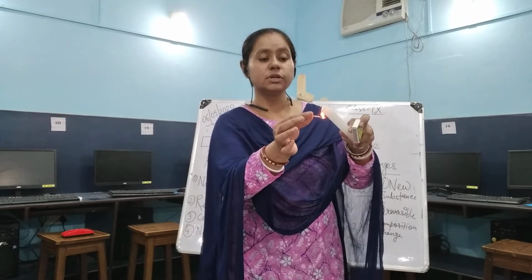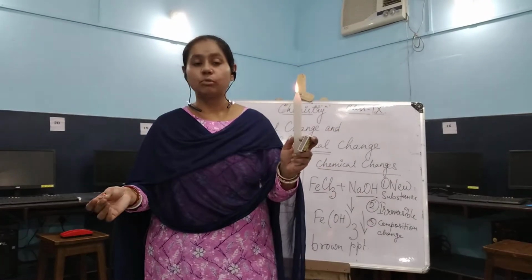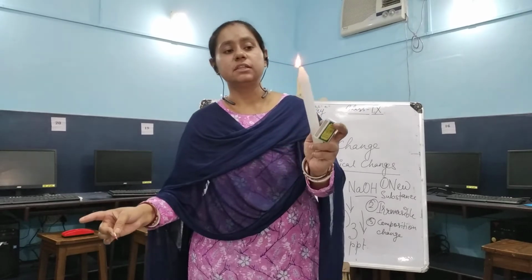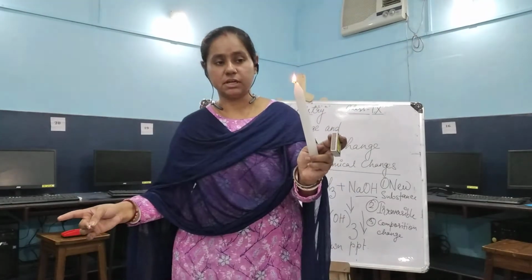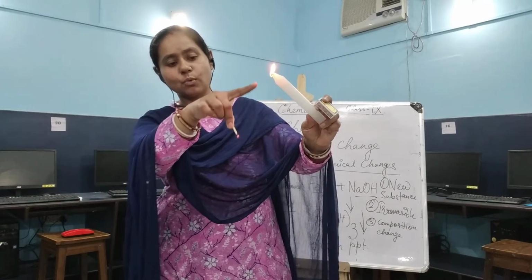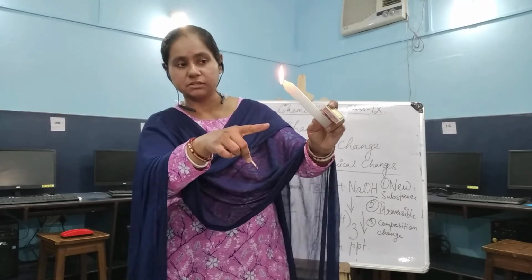I'll show it to you. I have already lighted this candle, and you see the candle is burning. The moment the candle starts burning, you will find the wax will also melt.